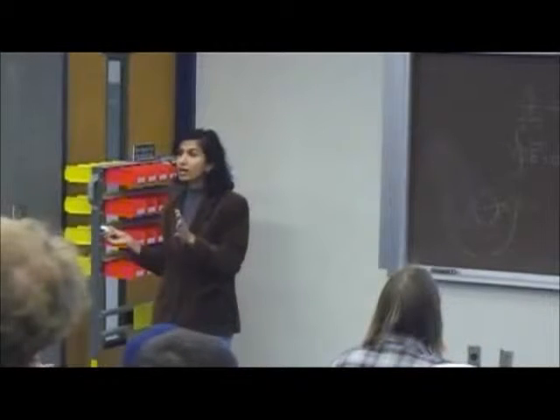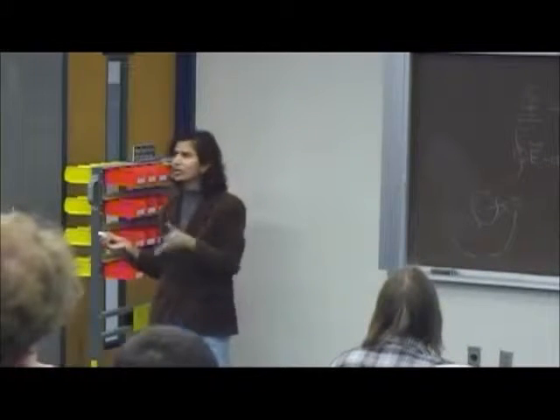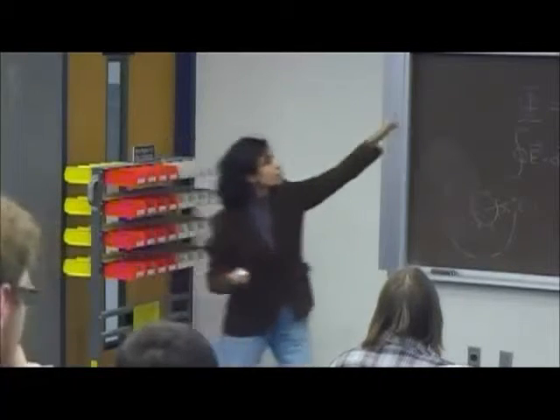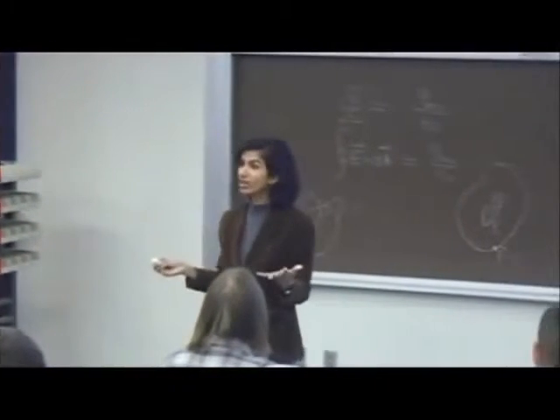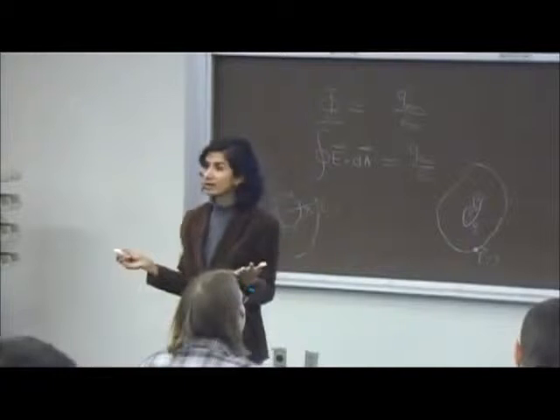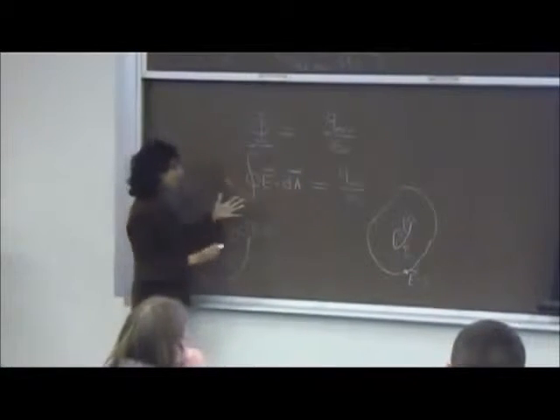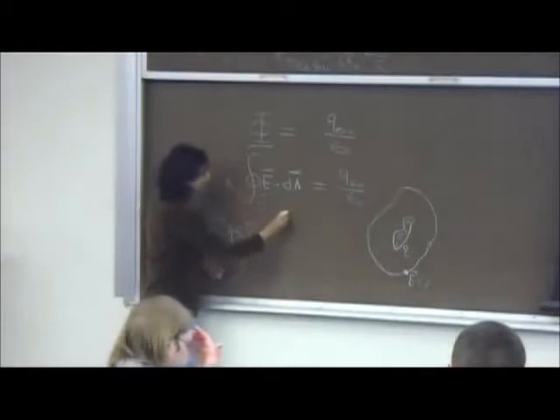So Gauss's law can be valid for any closed surface that you draw, but it will not be useful for finding electric field unless you can pull this thing out, unless you can say, hey, this integral really is this.